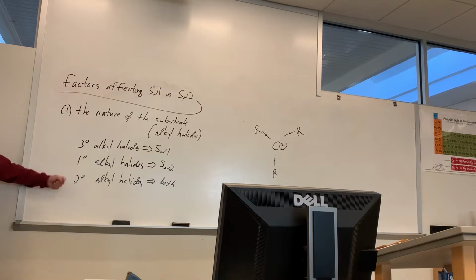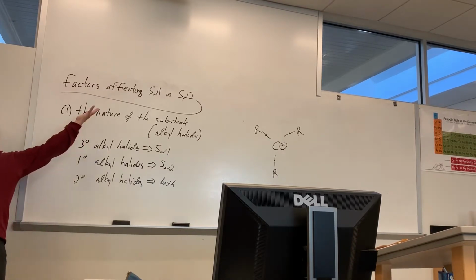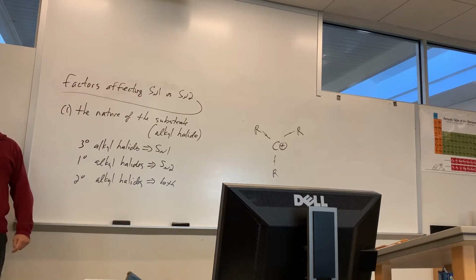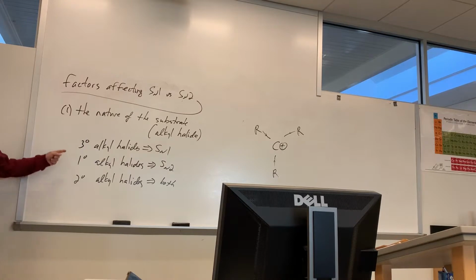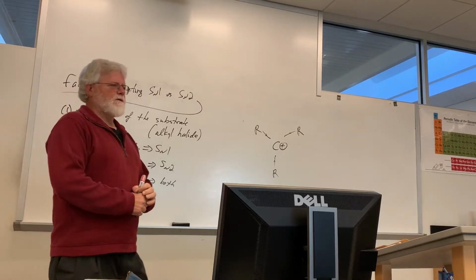So their inability to form a carbocation hinders their ability to do SN1. Their lack of steric hindrance enhances their ability to do SN2. SN2 is the winner. That's all I gotta say. Is that cool? Of course it is.